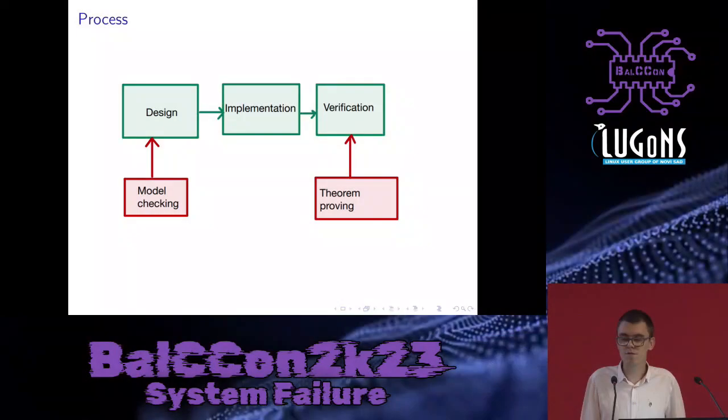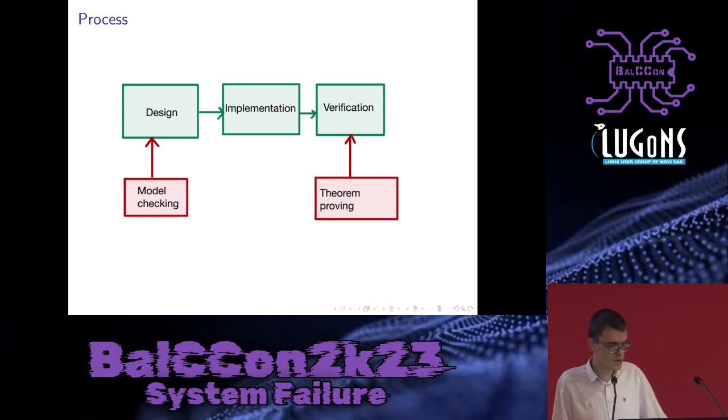Okay, so what do we actually know? This is one simple diagram showing the workflow of any system development. It's a little bit simplistic, but it can tell us the different stages.